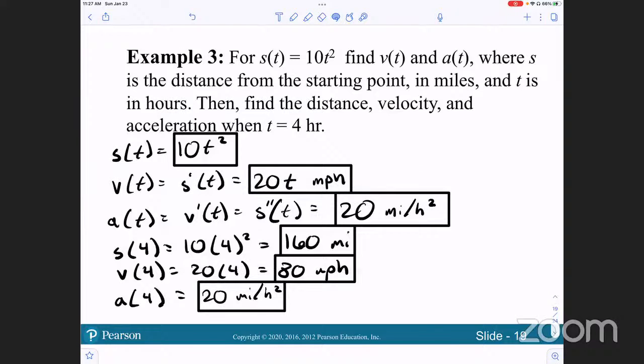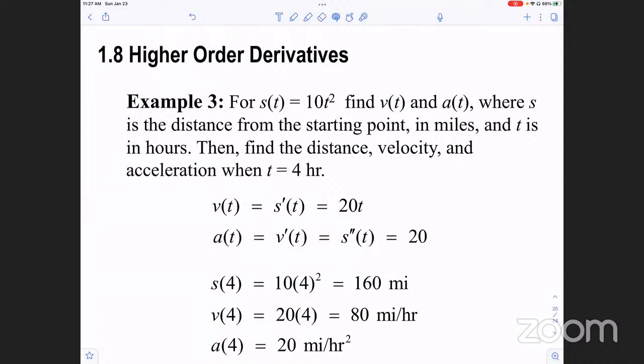Okay. So the distance, velocity, and acceleration were 160 miles, 80 miles per hour, and 20 miles per hour squared.